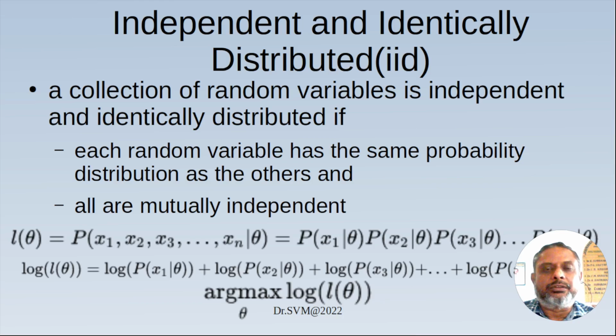Therefore, instead of multiplication, if we can use addition, it would be much faster. The best way to convert multiplication into addition is through logarithm. If we take the logarithm, the products become a sum. Then we look for the value of theta for which we get the maximum of log L of theta.